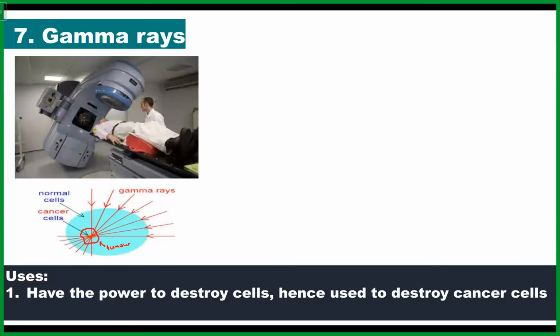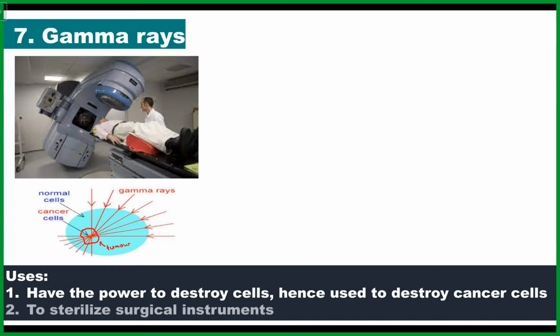So an easy way to destroy these cancer cells would be to target gamma rays right onto these cancerous cells. And when these gamma rays fall onto these cancerous cells, they would destroy those cells. So this is one application of gamma rays in cancer treatment.